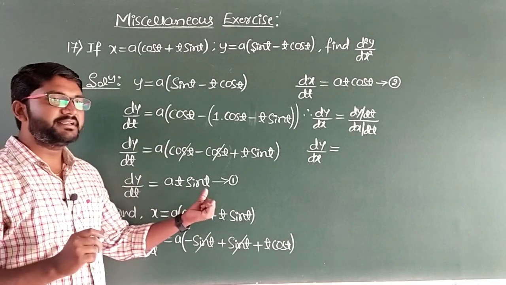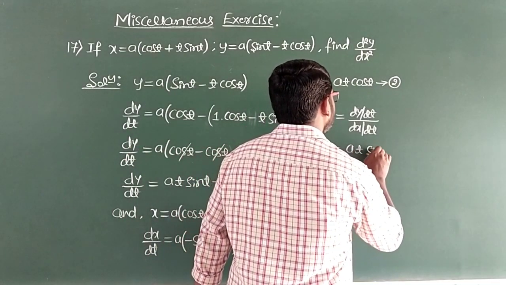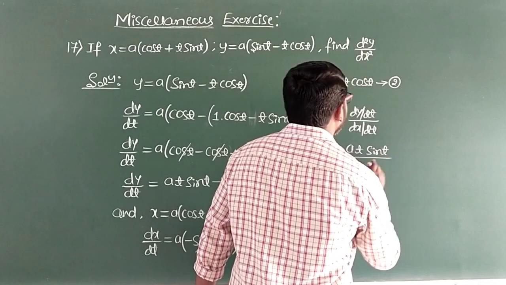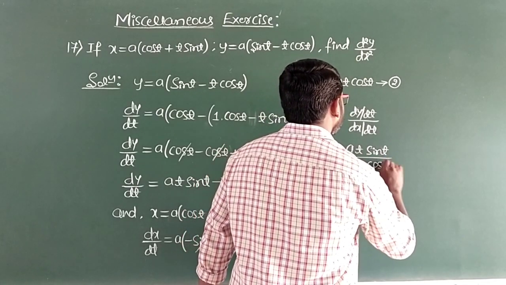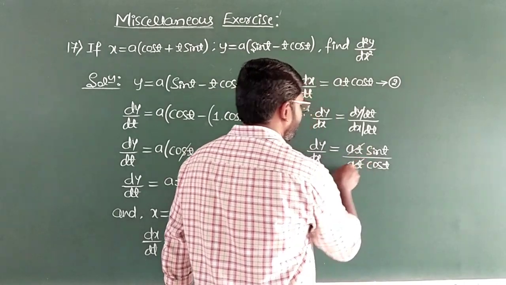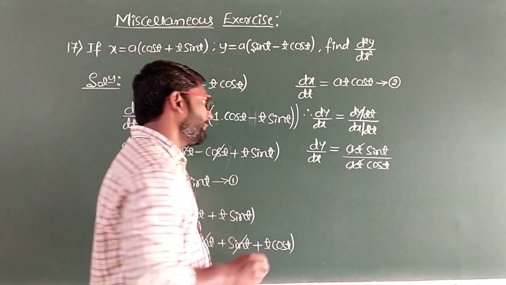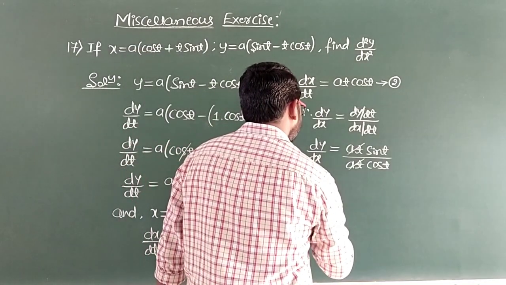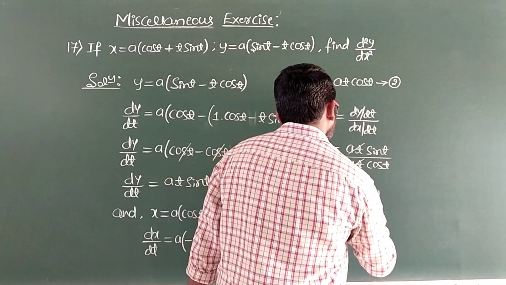It is a t sin t. I am writing a t sin t, then divided by dx by dt, which is a t cos t. Here a t get cancelled, sin t divided by cos t will be tan t. So dy by dx equals tan t.